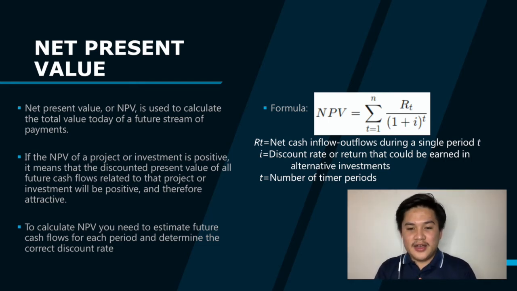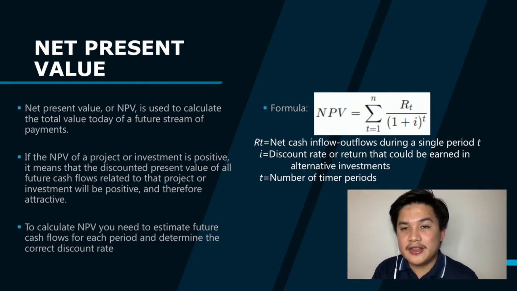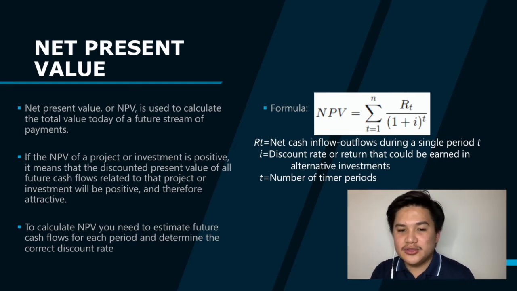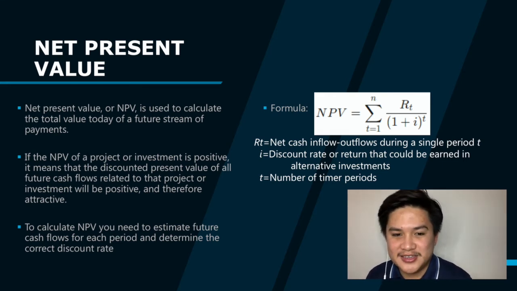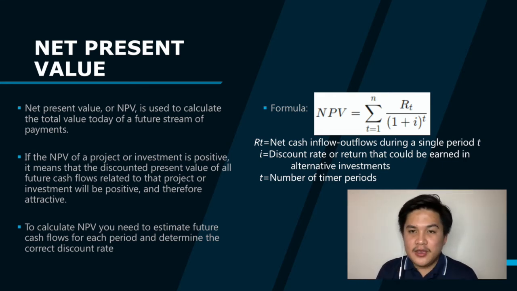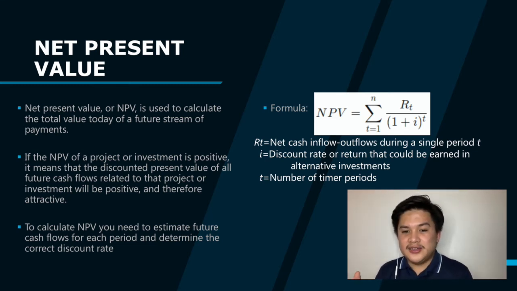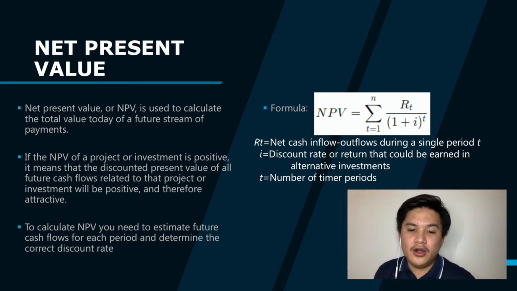So here, we could see that the net present value, or the NPV, is used to calculate today the total value of a future stream of payments. If the NPV of a project or investment is positive, it means the discounted present value of all future cash flows related to that project or investment will be positive and therefore attractive.